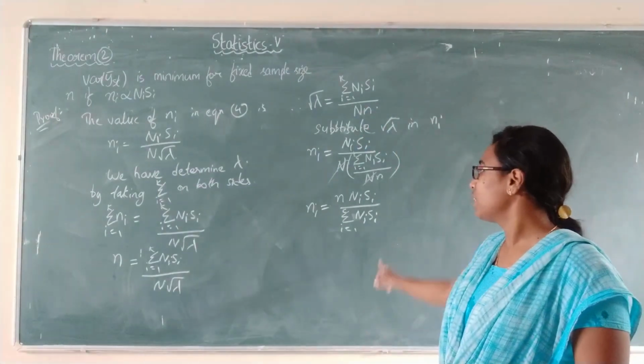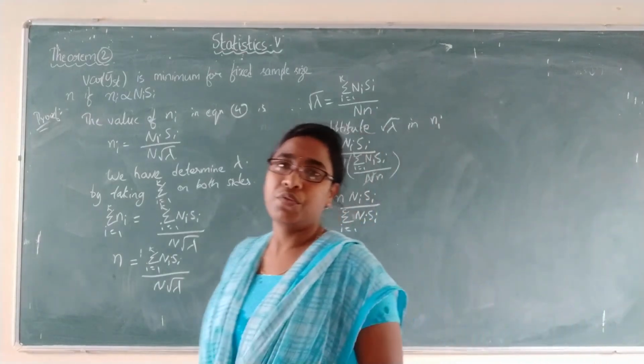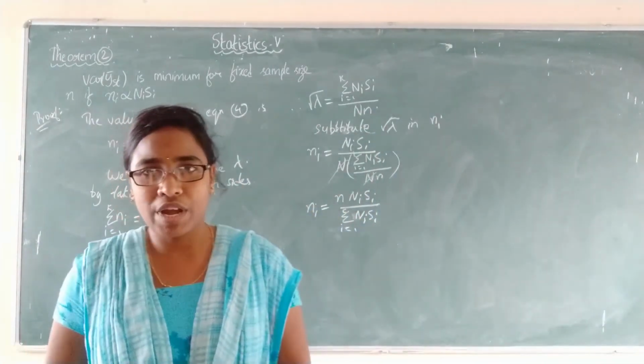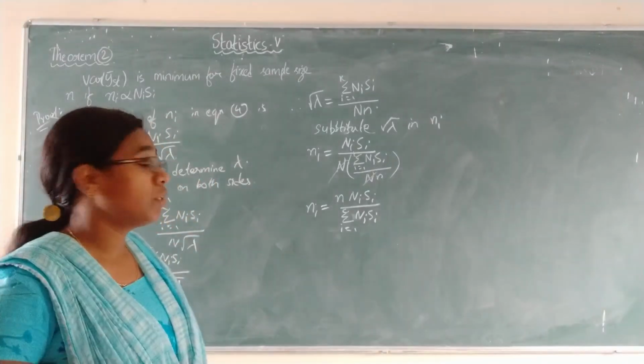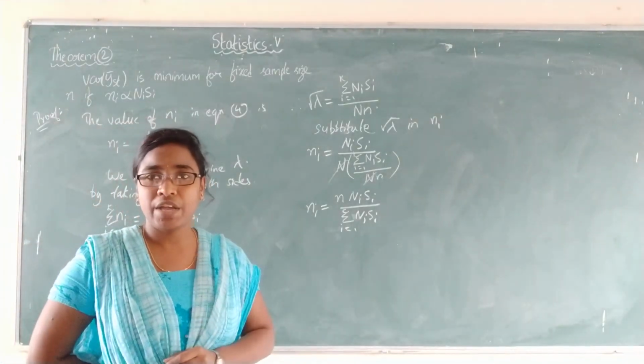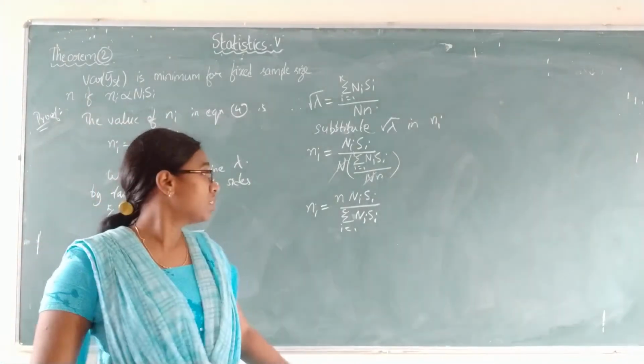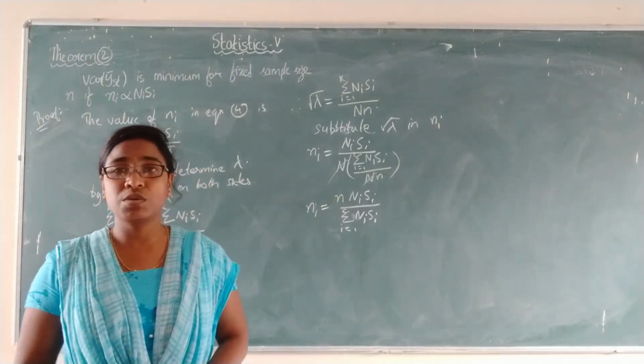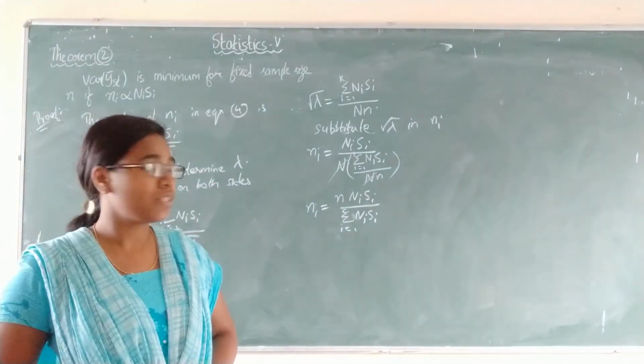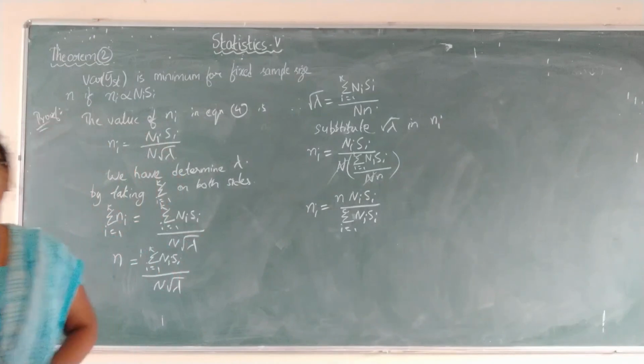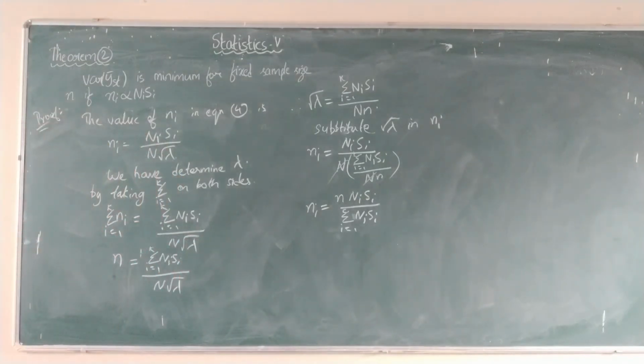By using this ni, we are going to find the variance of y bar st. That means, as in proportional allocation, where we substituted the ni value in the variance, similarly this ni is also substituted in the variance formula to get the variance of y bar st, that is the precision.